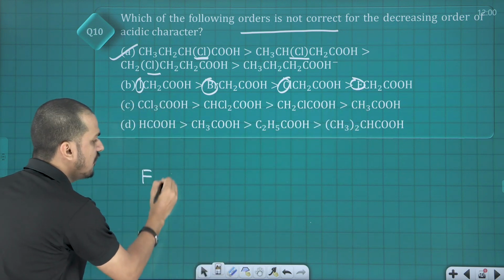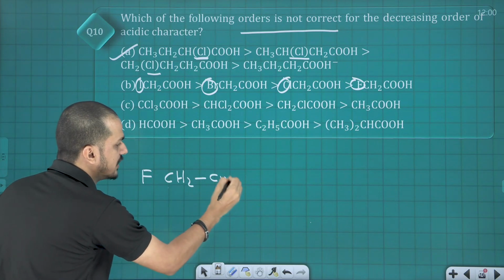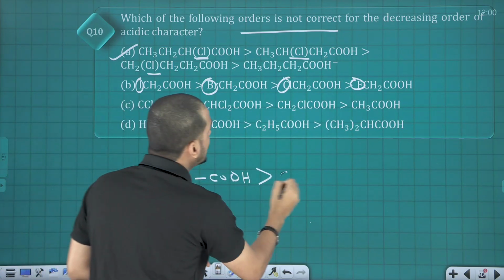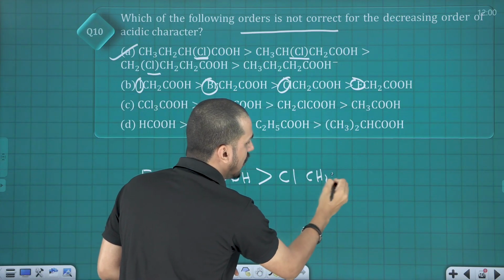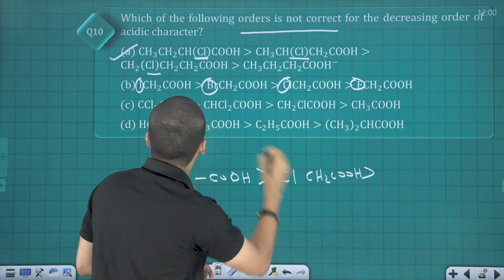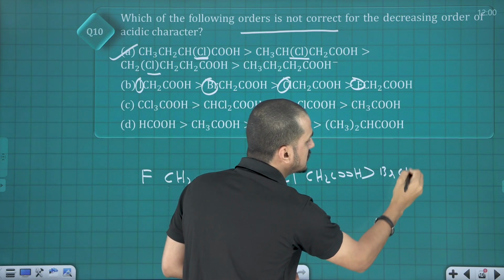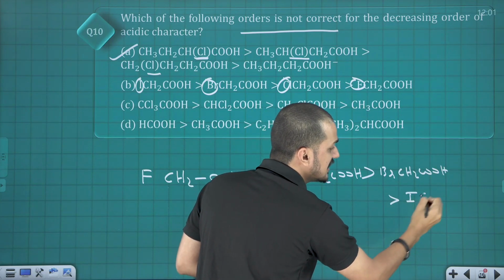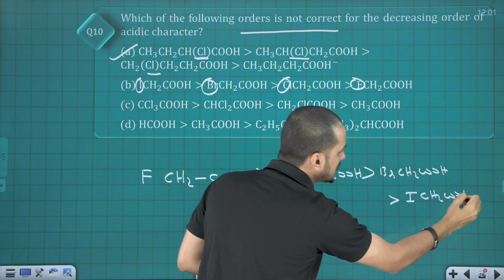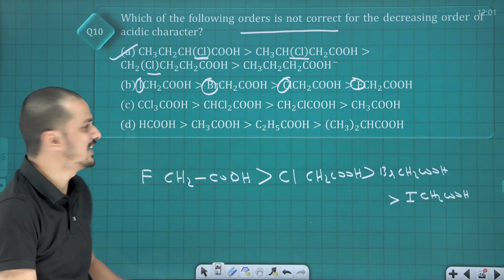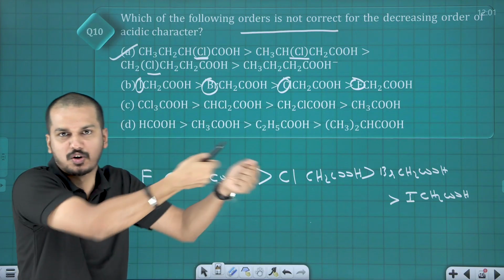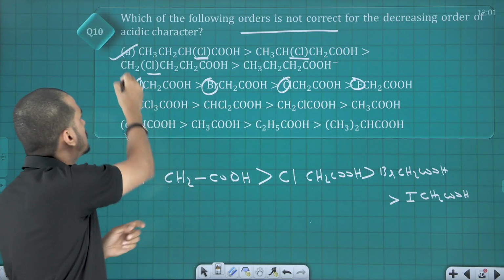So of course FCH2COOH should be more acidic than ClCH2COOH. Okay. Then BrCH2COOH. Then ICH2COOH. ICH2COOH should be less acidic than FCH2COOH because F has more electron withdrawing tendency. So automatically this one is wrong.